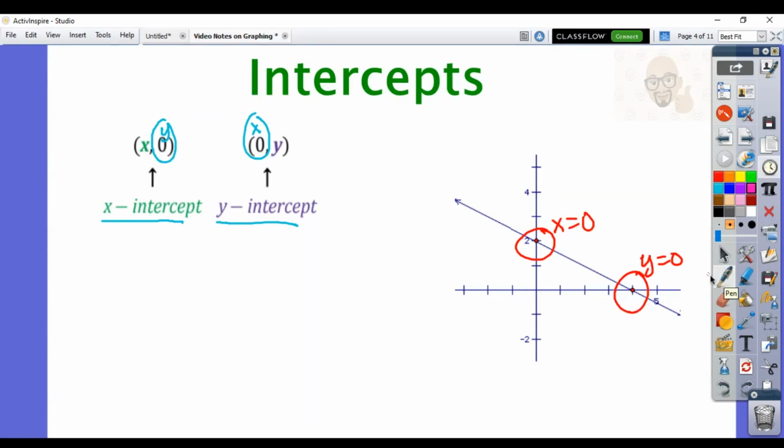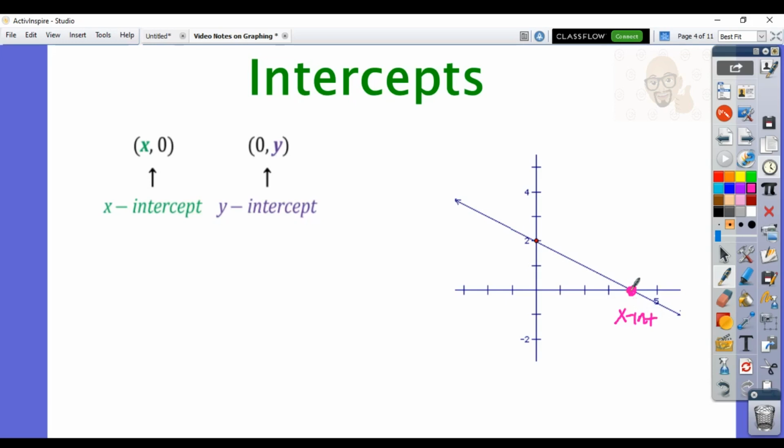Again, intercepts are where the points along the line cross the x and y axes. On this graph, where the line crosses the x-axis is your x-intercept. When you identify this point, you know the coordinate is (4, 0).